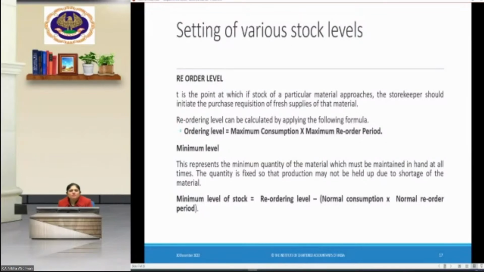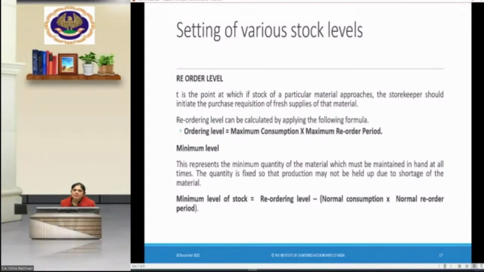So first of all is reorder level. It is the point at which the stock of a particular material approaches a level where the storekeeper should initiate the purchase requisition for fresh supplies of that material. So reorder level is the level at which, let us say, whenever the stock reaches 200 kg of that particular material, it's time to place a purchase order.